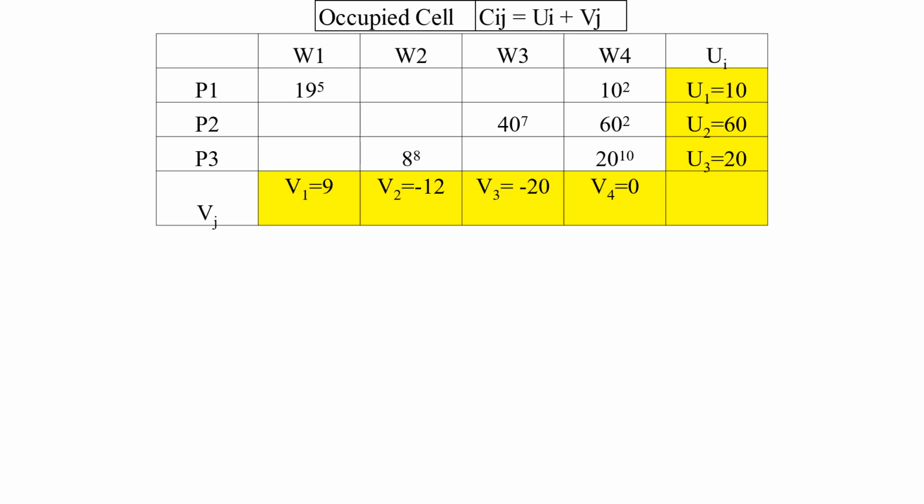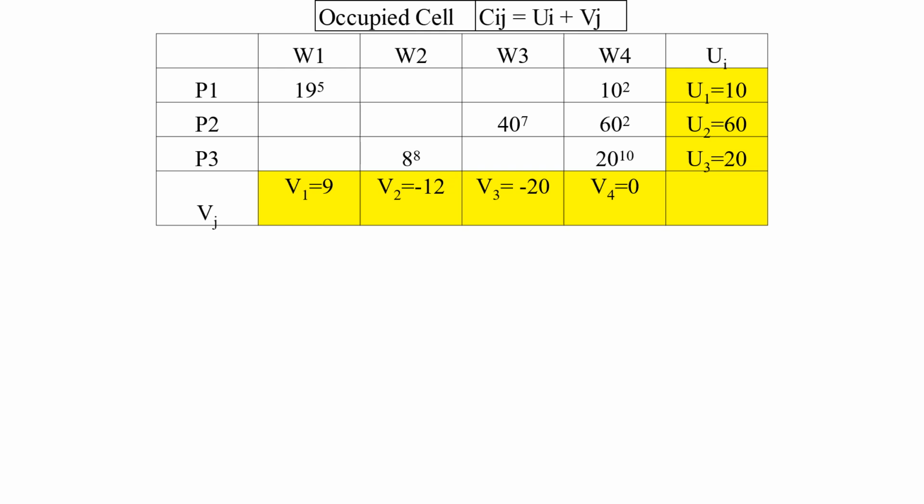Because I have already done the preliminary activities, and you know how to calculate the overall transportation cost, you will find some occupied cells: P1W1 is one occupied cell, P1W4 is another. In this way I will find the occupied cells.